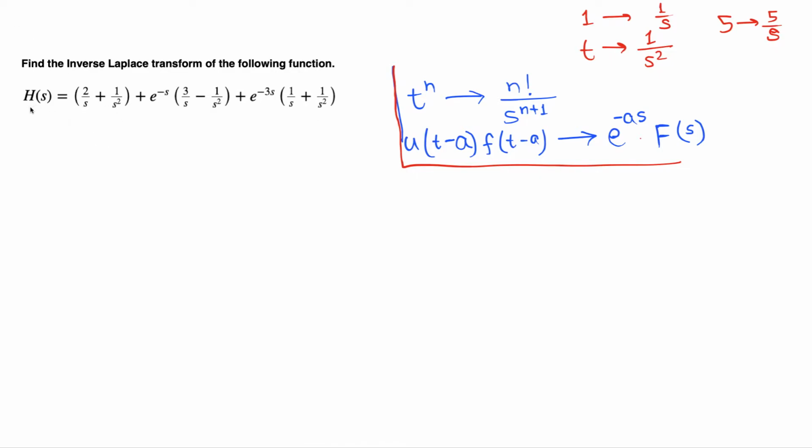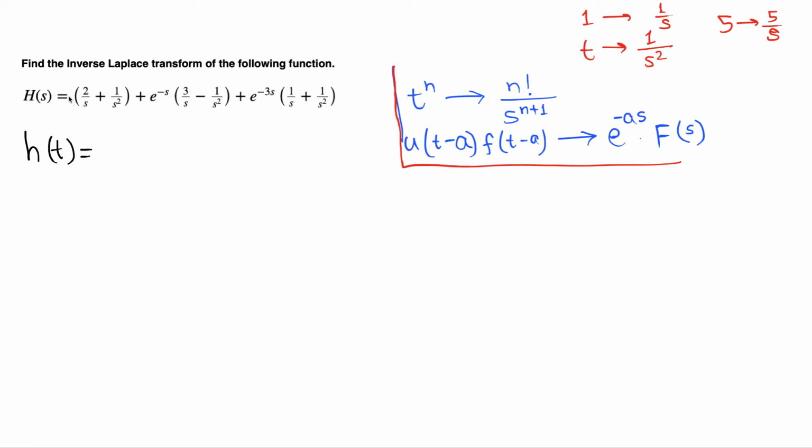Then uppercase H means the Laplace transform of lowercase h. That's the tradition. When you have f of t, the Laplace transform is F of s. So the inverse Laplace will be h of t, inverse of this one, 2 over s.